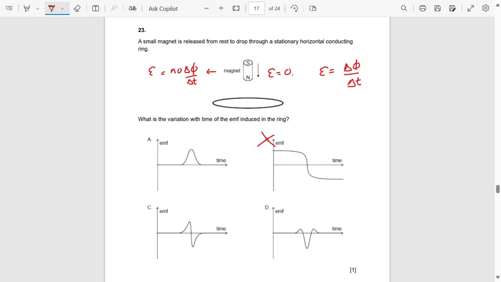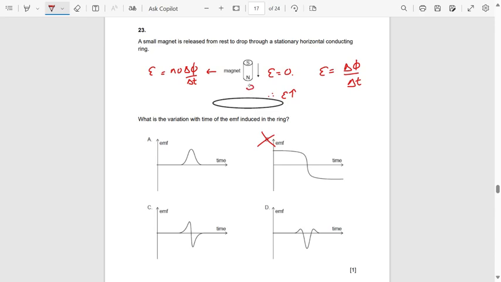As the magnet approaches, we do start to increase the flux. So the rate of cutting increases, therefore E starts to increase. Okay, so as it approaches, I've probably gone a little bit too close here.